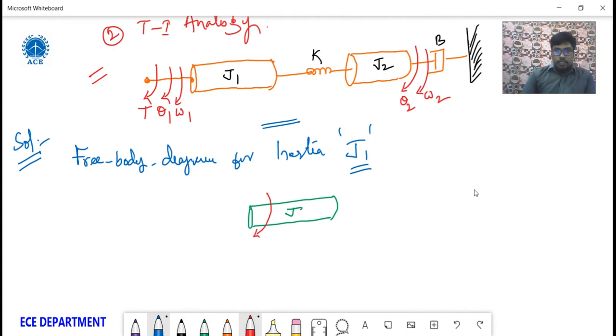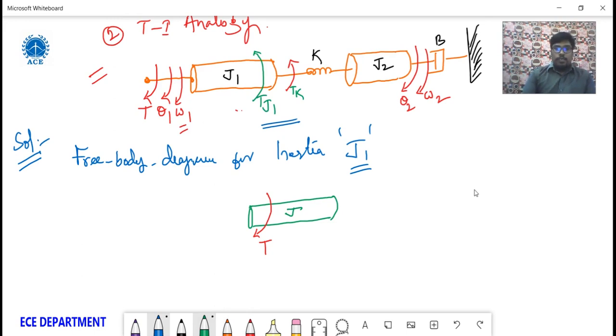So the free body diagram represents what? In this case we have the applied torque, this one, and what are the opposing torques here? For this particular diagram, this one is opposing, TK, and this is opposing, TJ1.